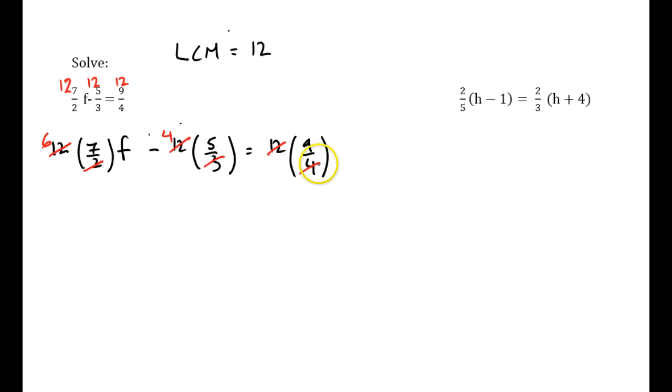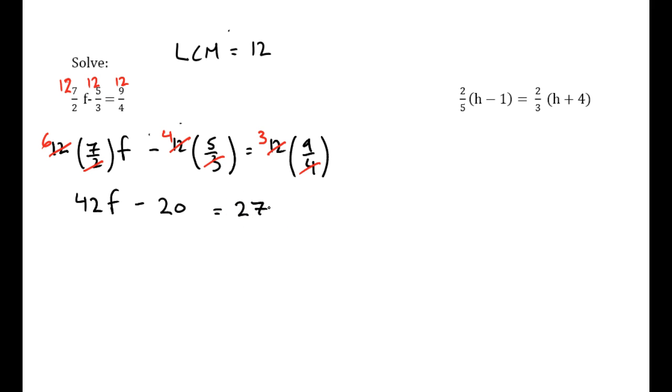And 12 divided by 4 is 3. So when I work everything out, I end up with 42f minus 20 equals 3 times 9, which is 27.